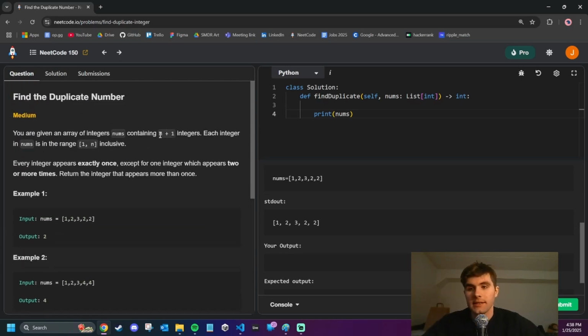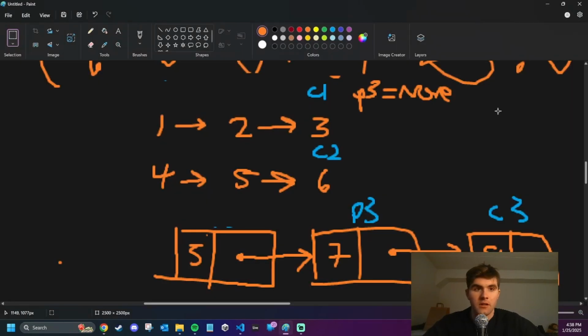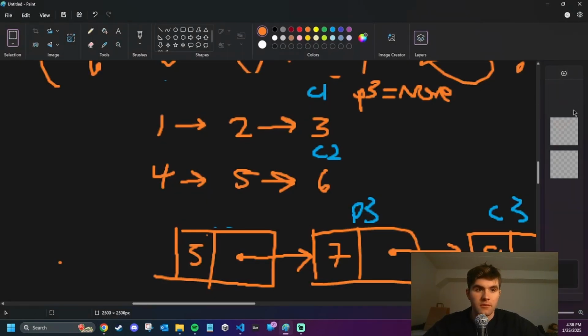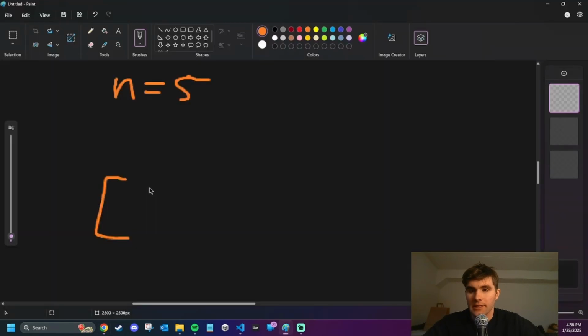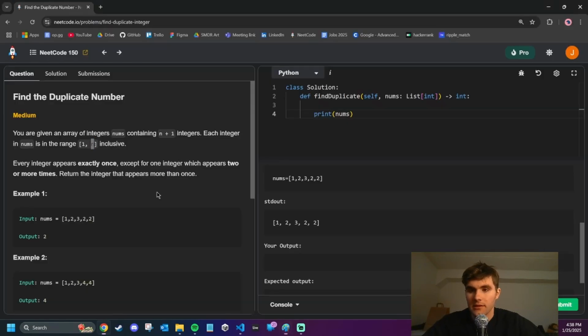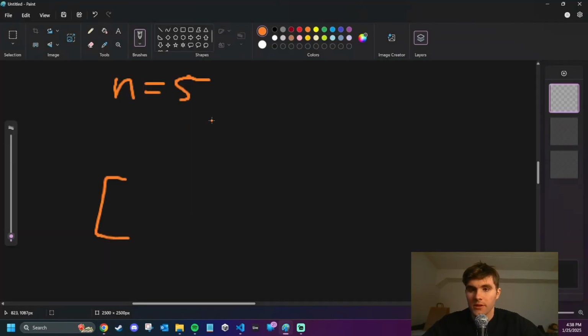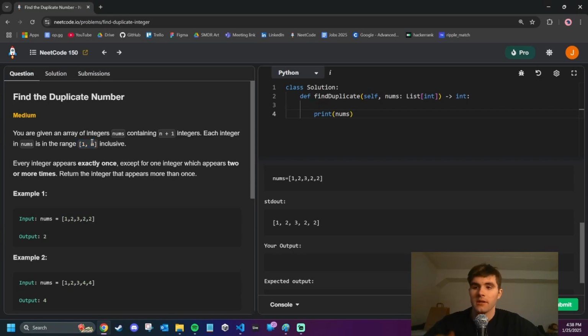So nums contains n plus 1 integers. Each integer in nums is between 1 and n inclusive. For instance, if n equals 5, then the length is 6, and each one can be between 1 and 5.